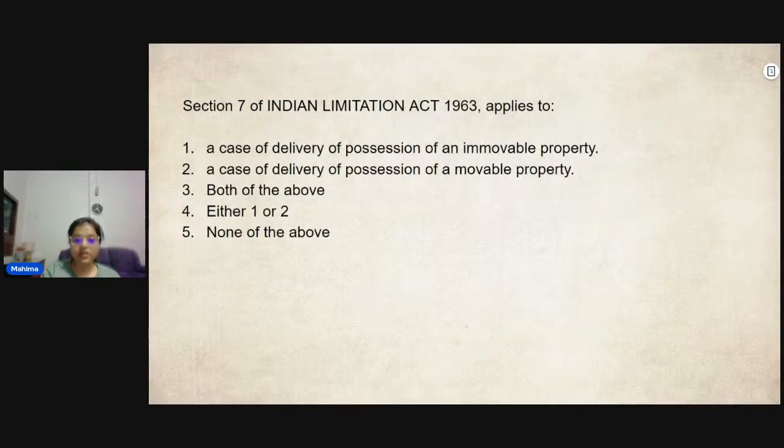Section 7 of the Indian Limitation Act applies to in case of a delivery of possession of an immovable property, a case of delivery of possession of a movable property, both of the above, either one or two, none of the above. Section 7 of the Limitation Act.